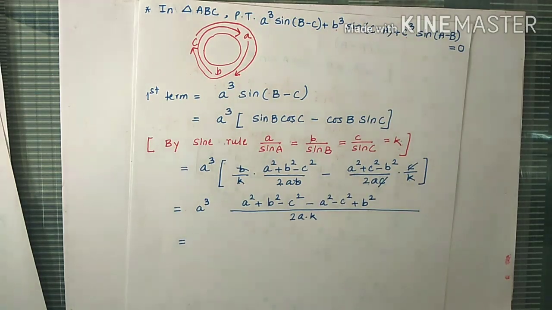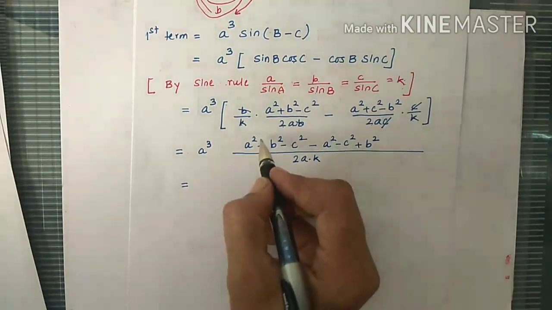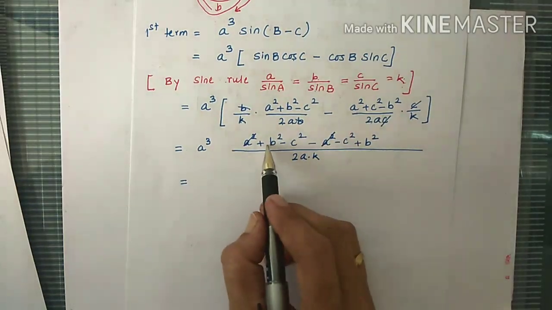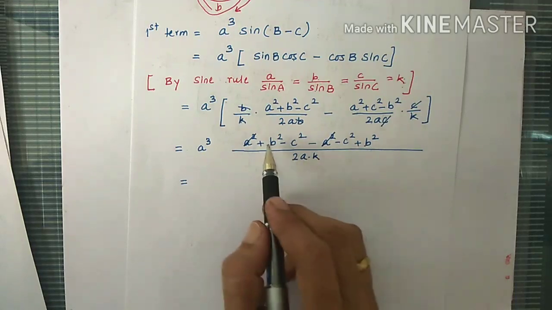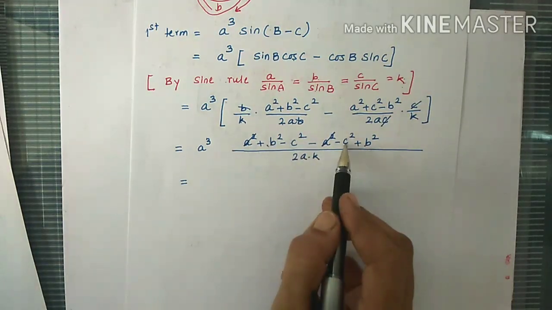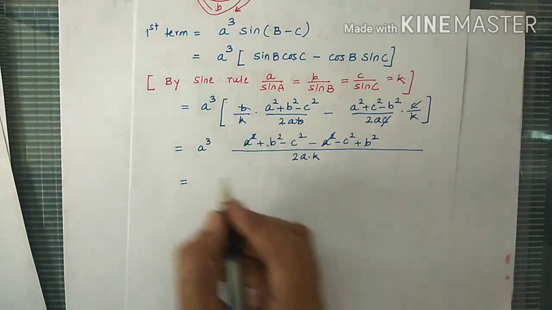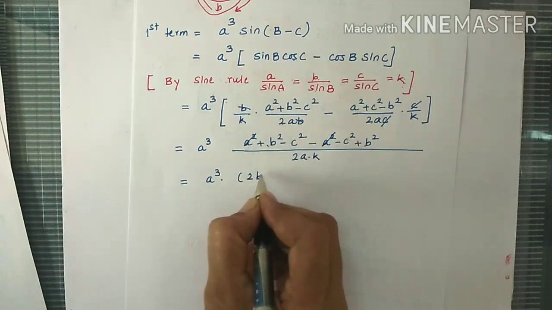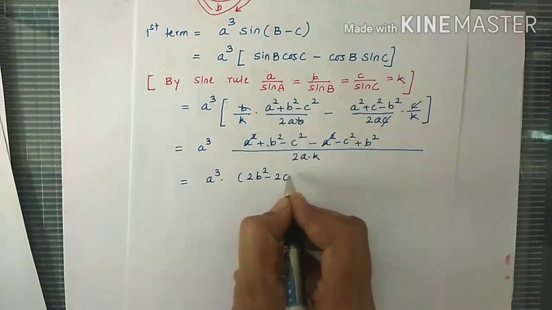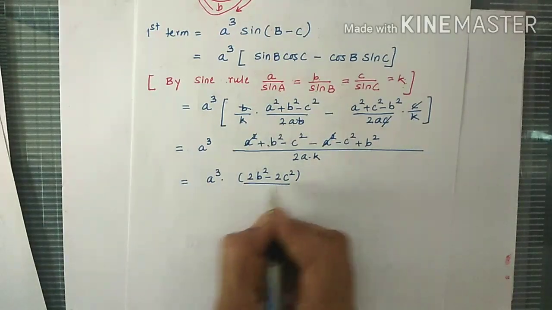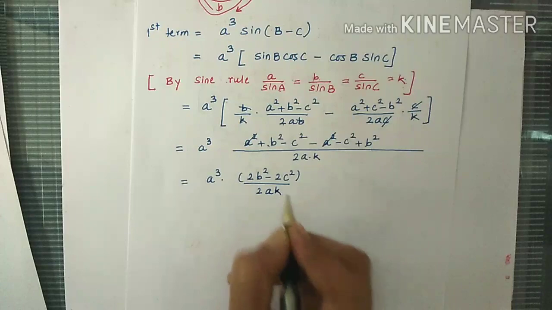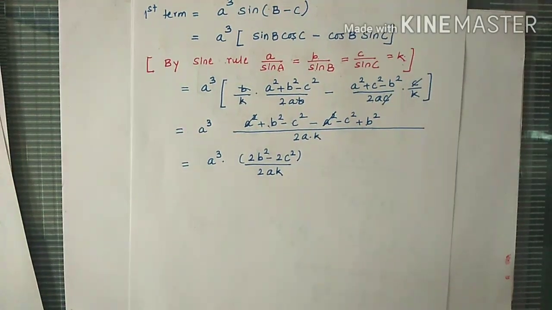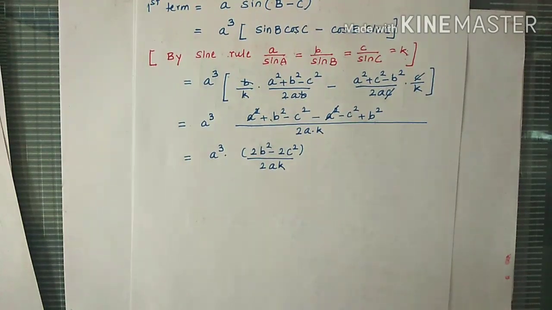So that is equal to, now a square gets cancelled. The remaining terms are b square and this is also plus b square. So we get 2b square, and minus c square becomes minus 2c square. So a cube into 2b square minus 2c square upon 2ak. We can take 2 common so that we can cancel that with the 2 in the denominator.